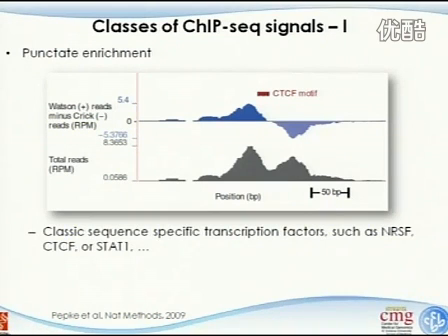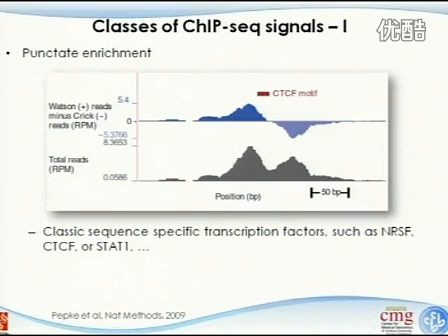This type of pattern is a classical pattern for sequence-specific transcription factors. That's NRSF, the one used in that Science paper, and CTCF, which is here, and STAT1. So these are all based on earlier experiments.